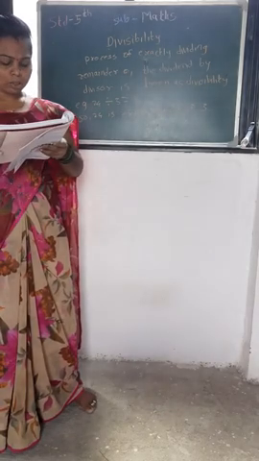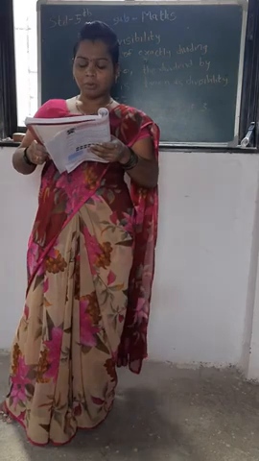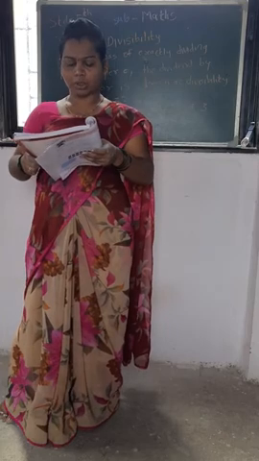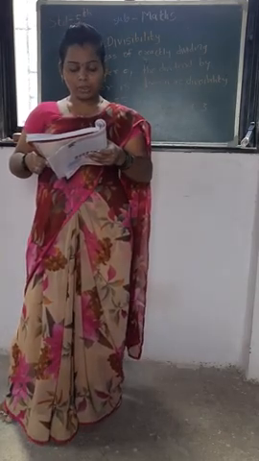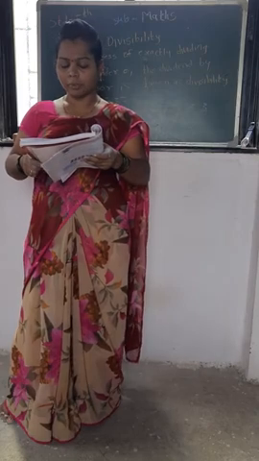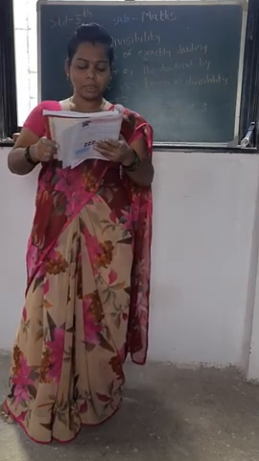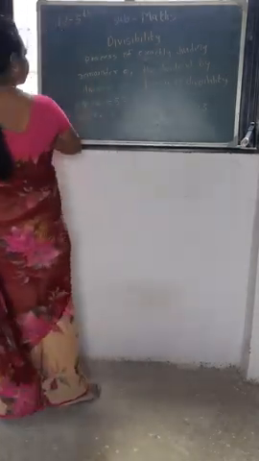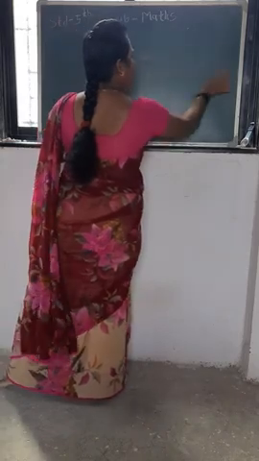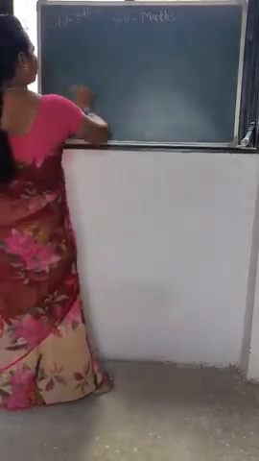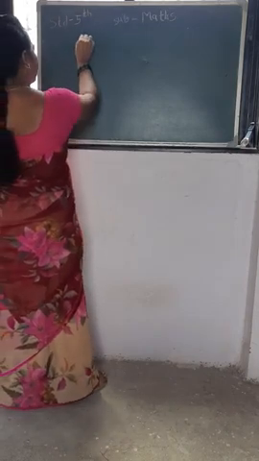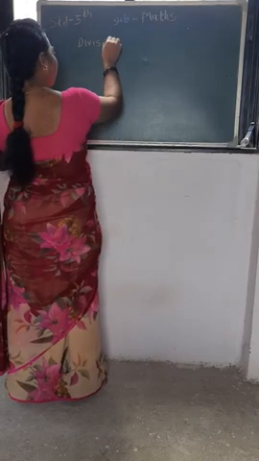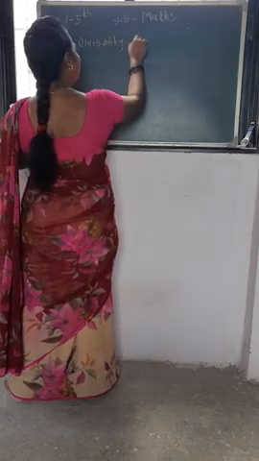Divisibility rules are shortcuts for testing a number's factors without resorting to division calculation.